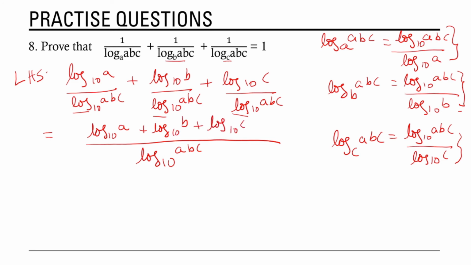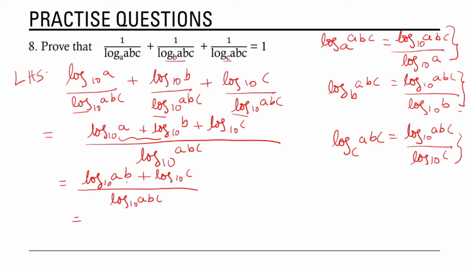So, this is equal to, we know that log A plus log B is equal to log AB. So, I am using the first two terms, I get log A plus log B is equal to log AB to the base 10 plus log C to the base 10 divided by log ABC to the base 10.